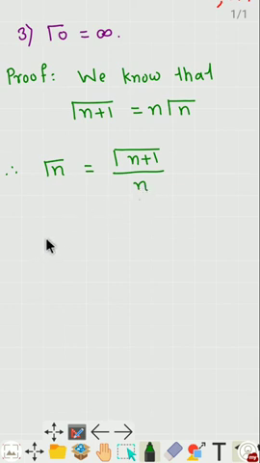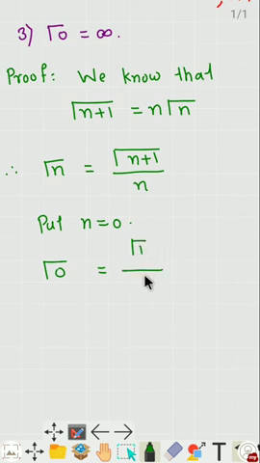Put n equal to 0, since I want gamma 0. So the left hand side becomes gamma 0, and it is equal to gamma 1 divided by 0, which is 1 upon 0, and the value of 1 upon 0 is infinity, and therefore gamma 0 has value infinity.